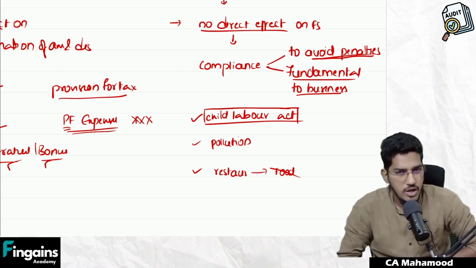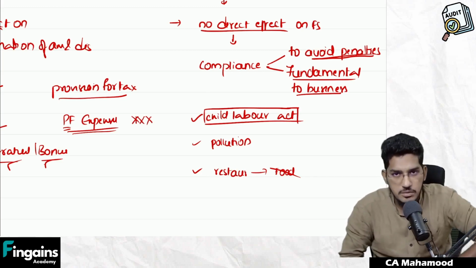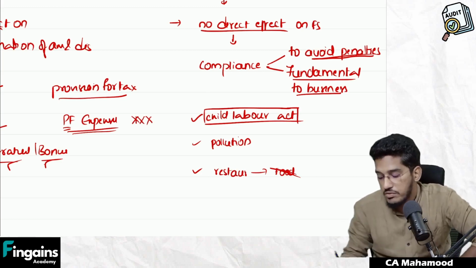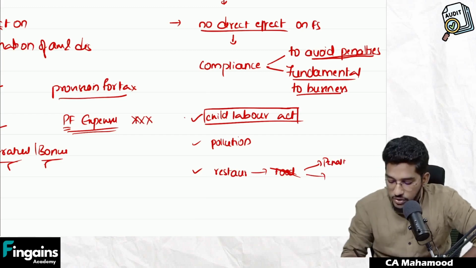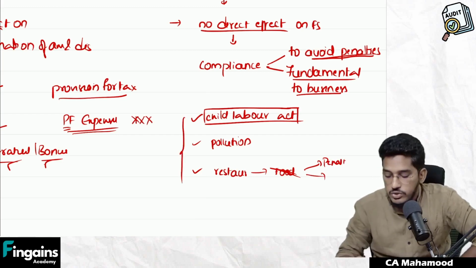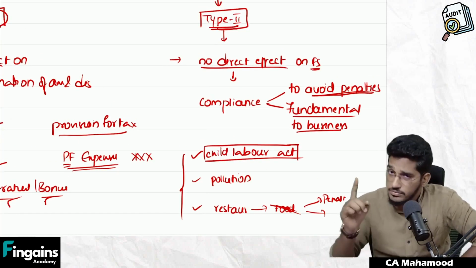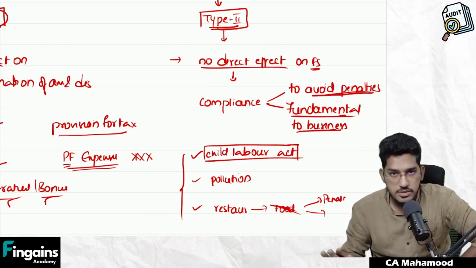The answer is no. Food related laws are not going to determine any amount, any disclosure in the financial statements. But if you are a restaurant and if you don't comply with food related laws, what will happen? Either you have to pay a huge penalty, or sometimes they will come and seal your restaurant. So these kind of laws will fall under type 2, which do not have a direct effect on determination of financial statements, but still compliance is required to avoid major penalties, or which are fundamental to continue our business.